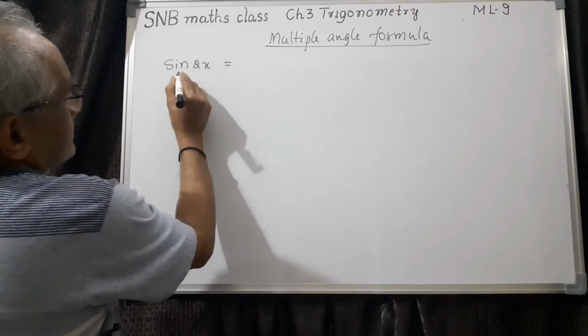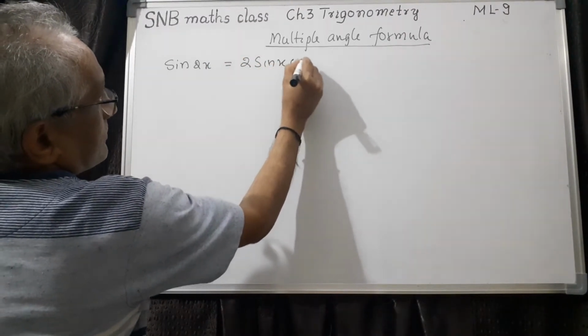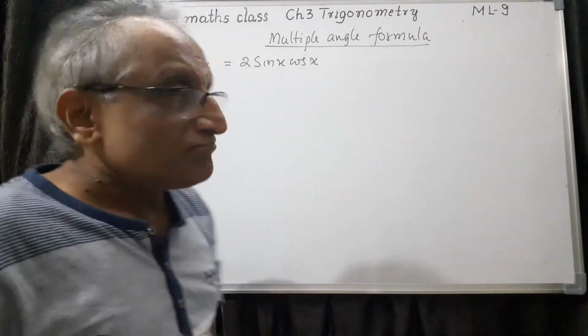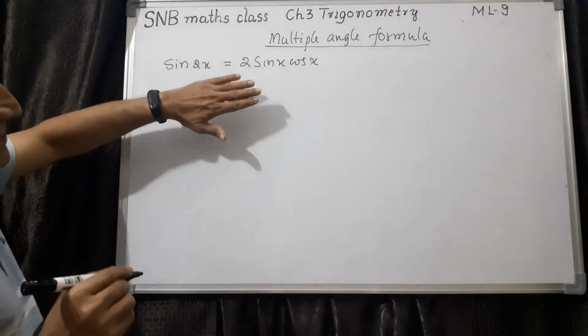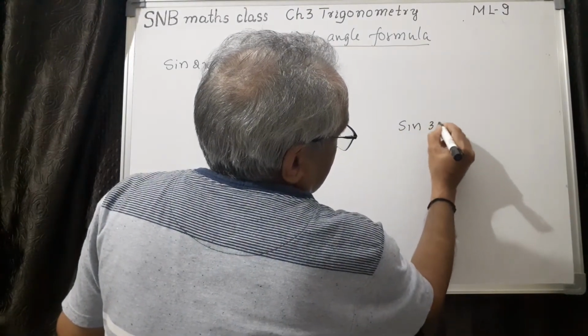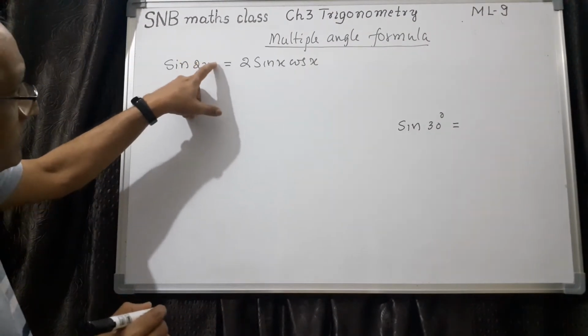The formula is sine 2x equals 2 sine x cos x. After proving, let me list it here later. So how to prove this formula? See, first you have to understand this concept also. For example, if you take sine 30 degrees, according to this formula, imagine this is 2x.